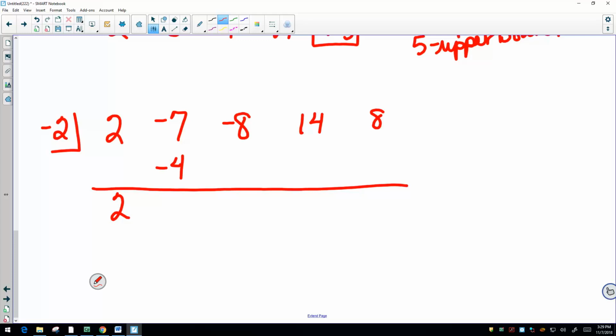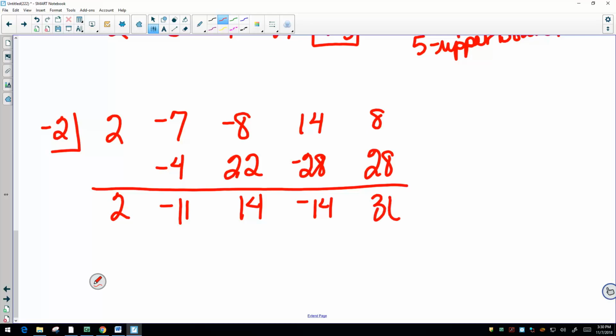So I have a -4. I add, I get a -11. We multiply, get a +22. We add and get a 14. We multiply to get a -28. We add and get a -14. We multiply to get a +28 and add to get a +36.